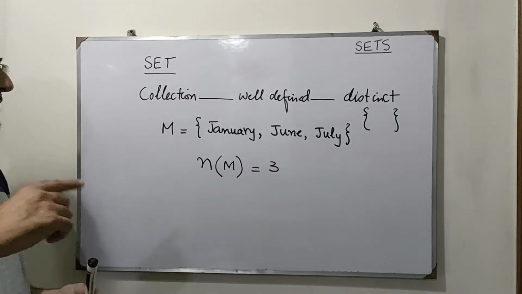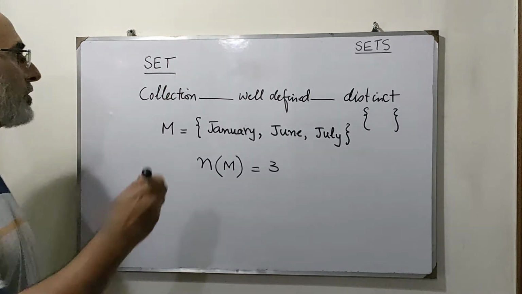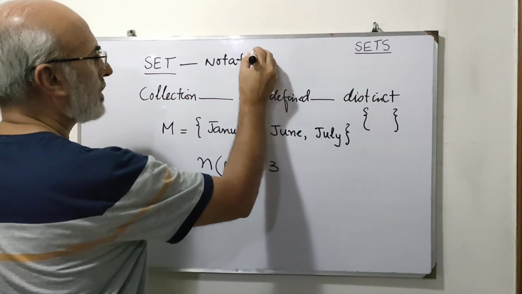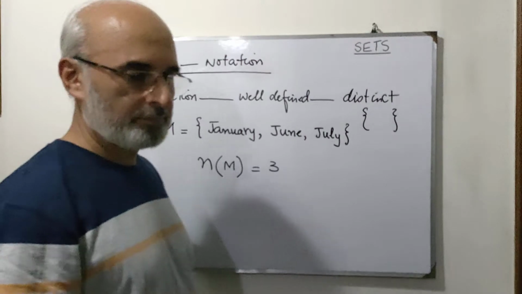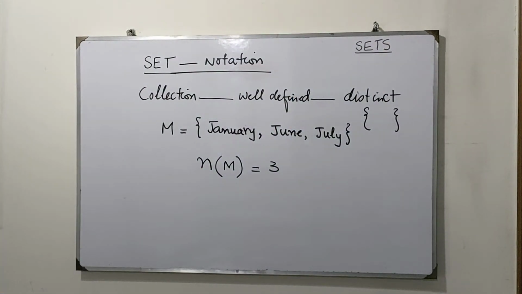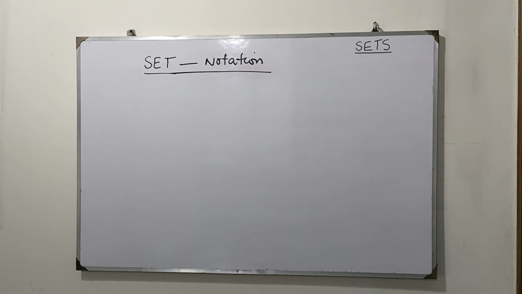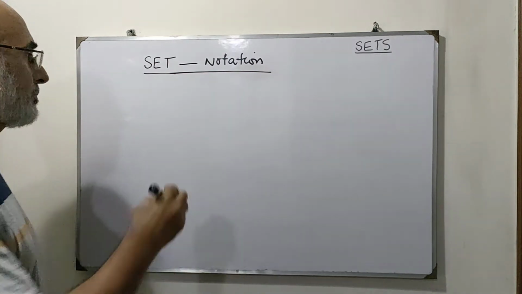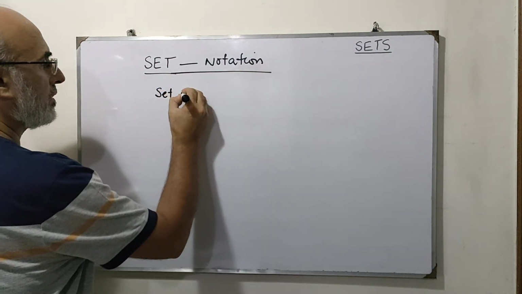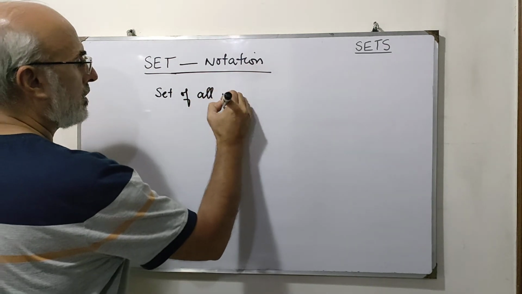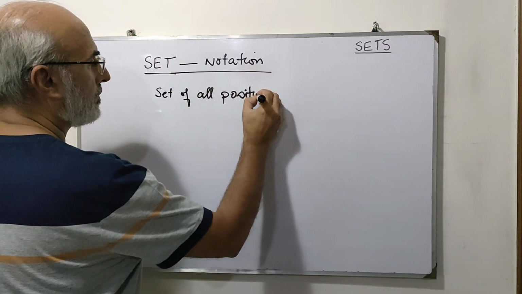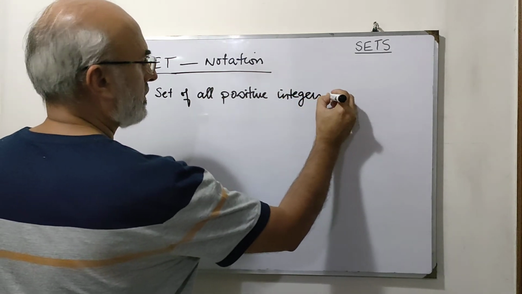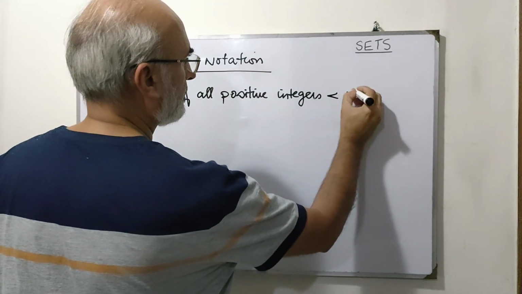Okay. Now next we come to set notation. Let's talk about this. Coming to set notation, suppose I'm going to talk about a set of all positive integers less than 15.